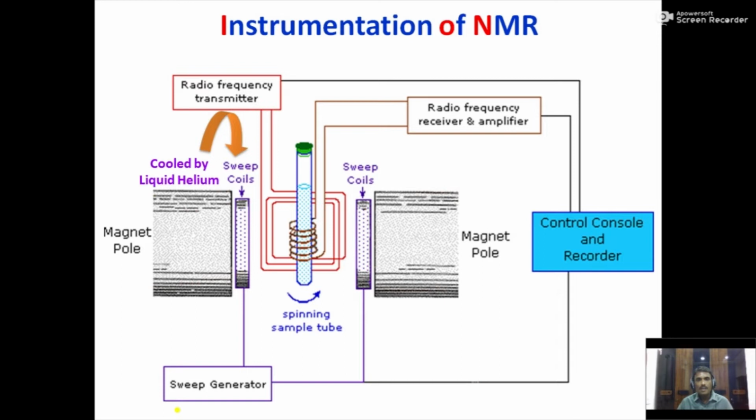Now we will have a glance at the instrumentation of NMR. You can see the block diagram of the instrumentation of NMR. It consists of large magnets. These large magnets produce the homogeneous magnetic field. The homogeneous magnetic field should be maintained.